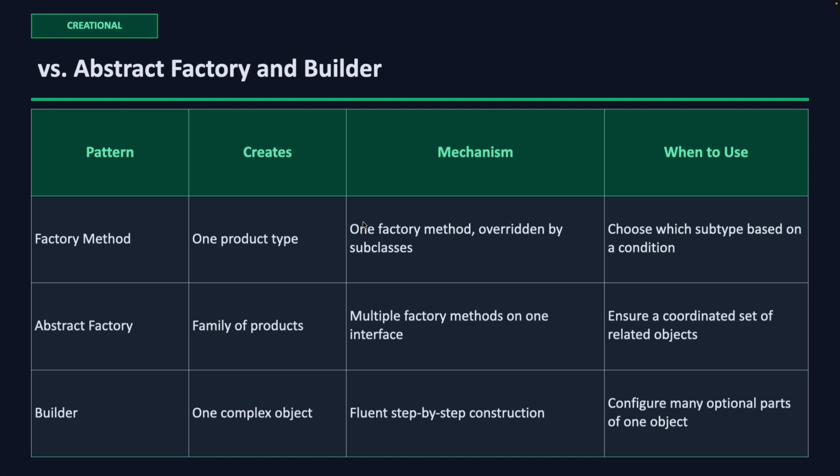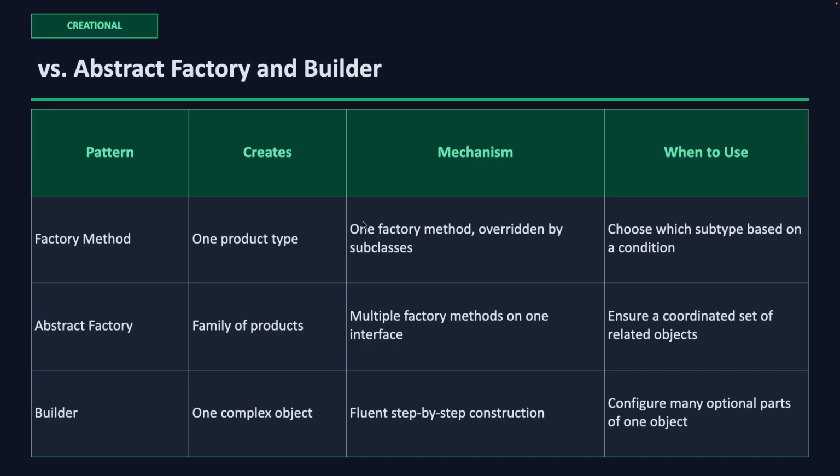If we compare the factory method with other different patterns, there's two patterns that can come up. We have the abstract factory. And this one is the scaled up version. The factory method creates only one product type via one factory method.